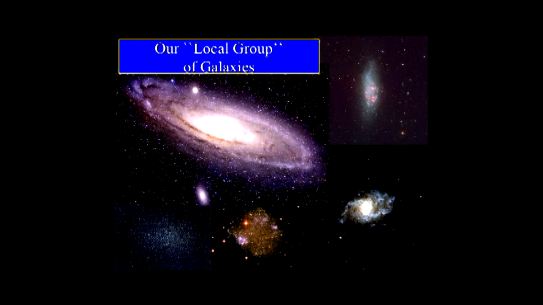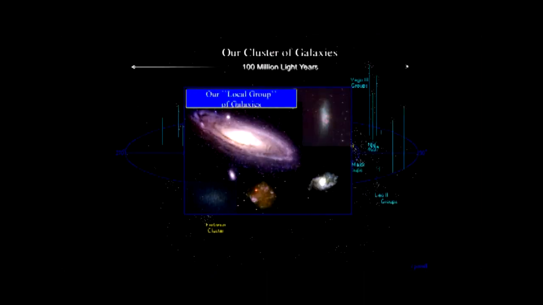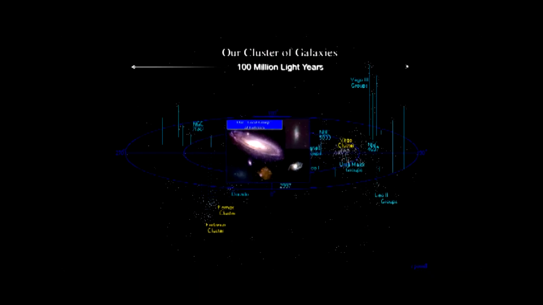We live in a group of galaxies, a local group of galaxies. And it turns out that our local group of galaxies is clumped with other groups of galaxies in a giant cluster of galaxies. Here they are. There's our local group, 100 million light years across. And our local group of galaxies is dwarfed by the entire cluster of galaxies that we live in.